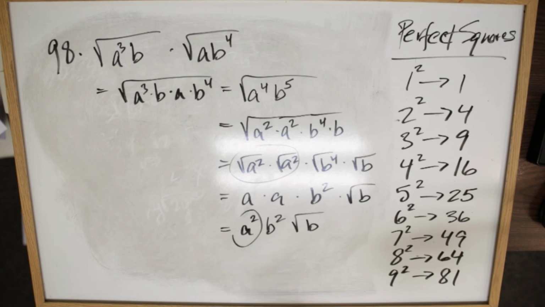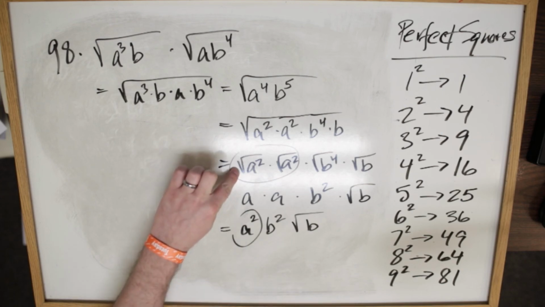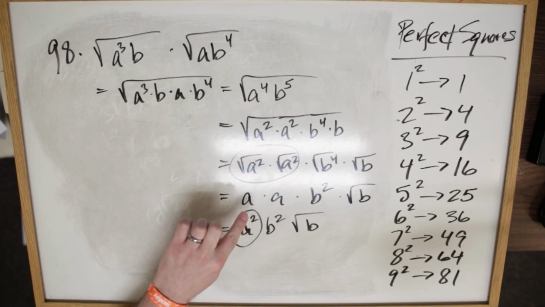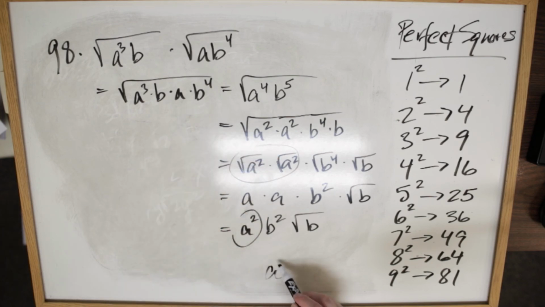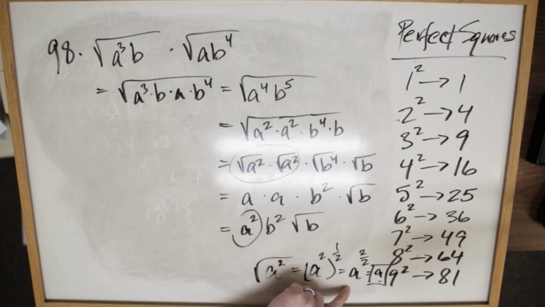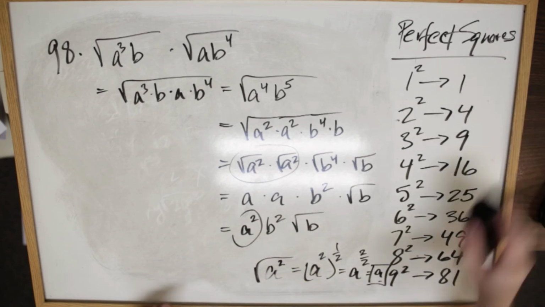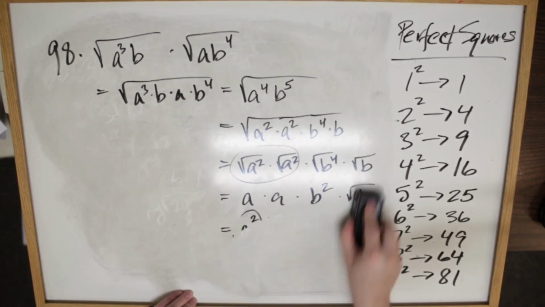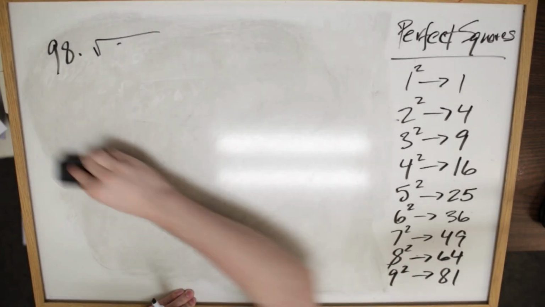This kind of goes back to the last section, but remember, you can think of square root signs as to the 1/2 power. So the square root of a squared is the same thing as a squared to the 1/2, which is the same thing as a to the 2/2, which is equal to a. Okay? So that is kind of important because this shows up quite a bit, surprisingly, in a lot of different places. But I just wanted to show you that cool little fact.